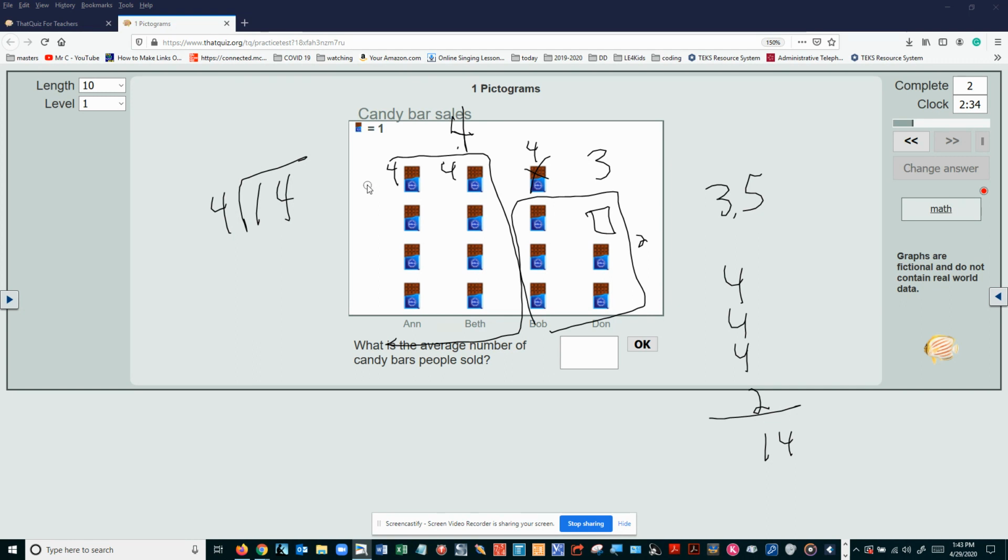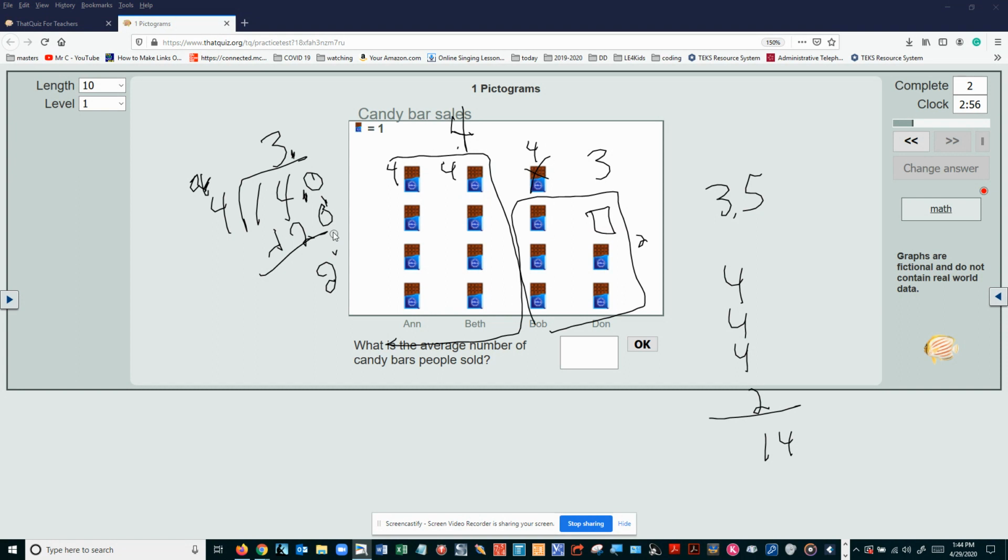4 going to 14 how many times? Well, 4 goes into 12 3 times. 3 times 4 is going to be 12. Now subtract that out. We end up with a 2. Put the decimal in.